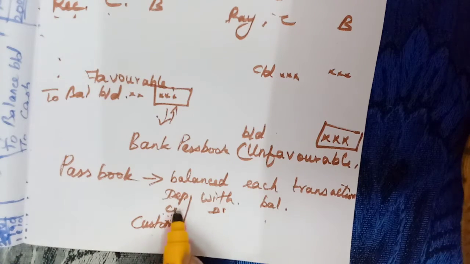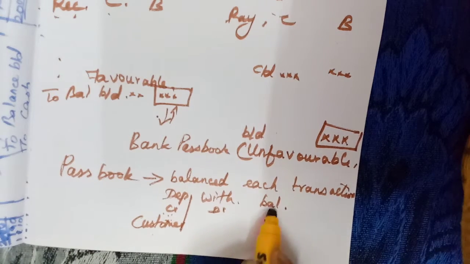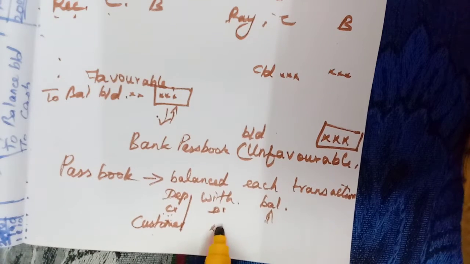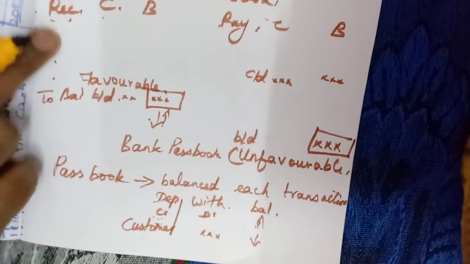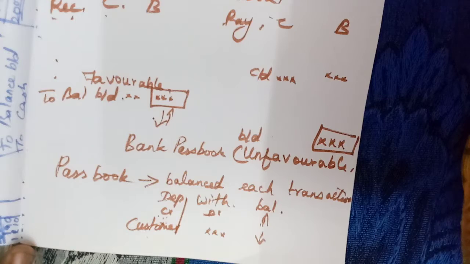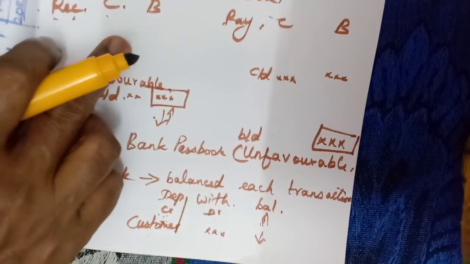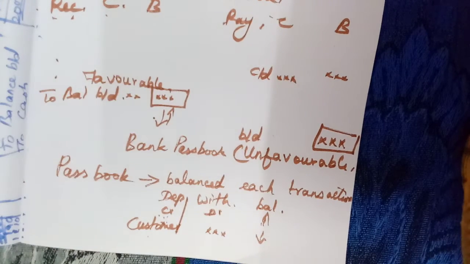The deposits, the balance will get increased, and if we withdraw, the amount gets reduced. So here why they are crediting the deposit, here we are debiting the deposit, because this one increases our balance.